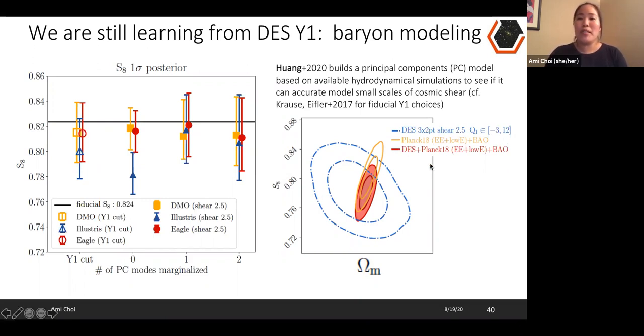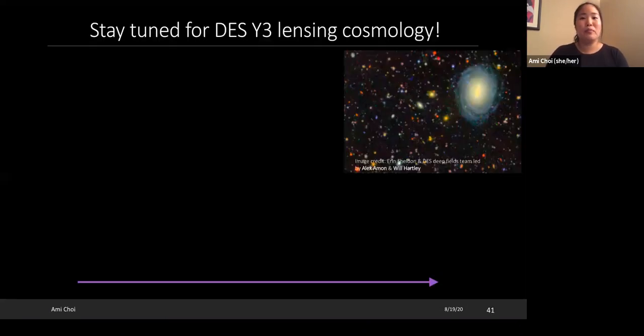And then for comparison, you can see the Planck data, and here note that this is polarization only, plus BAO, and then the red contour here is the combination of DES plus Planck. So this is a potentially exciting way of dealing with the baryon systematics for the future.